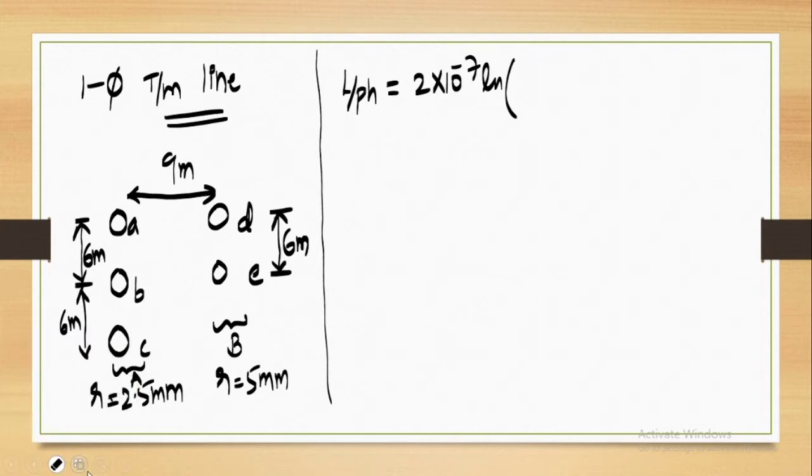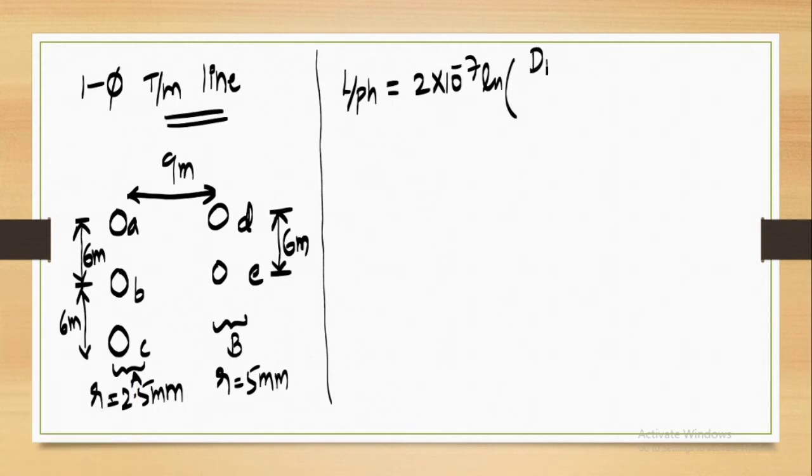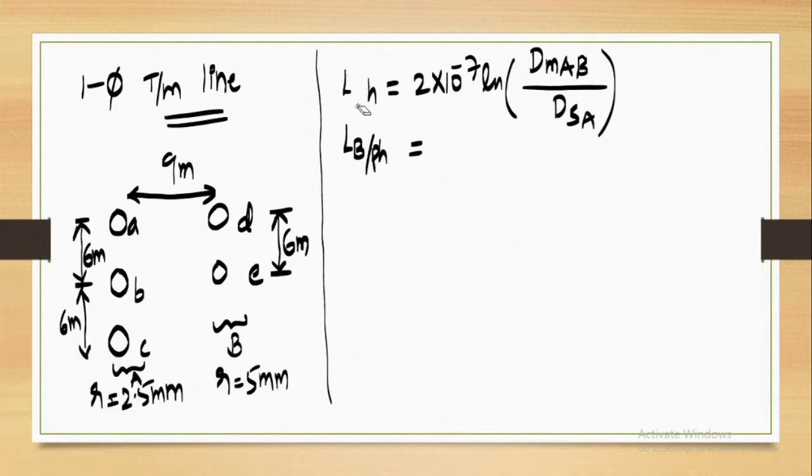So I can write this as dm capital AB divided with the self distance or GMR, it is DSA. Now this is the inductance of A side. Similarly, how can you find the inductance of B side, which is LB? Let me write like this in order to avoid the confusion.